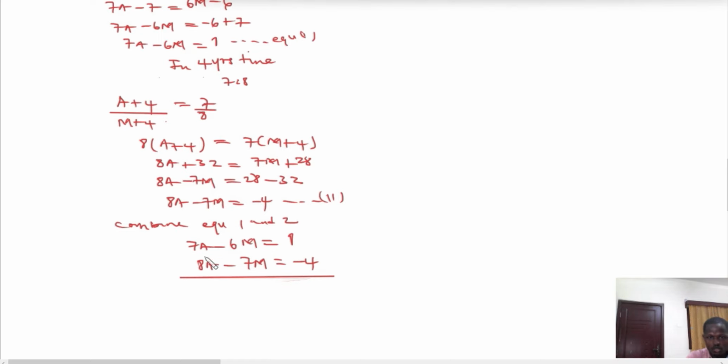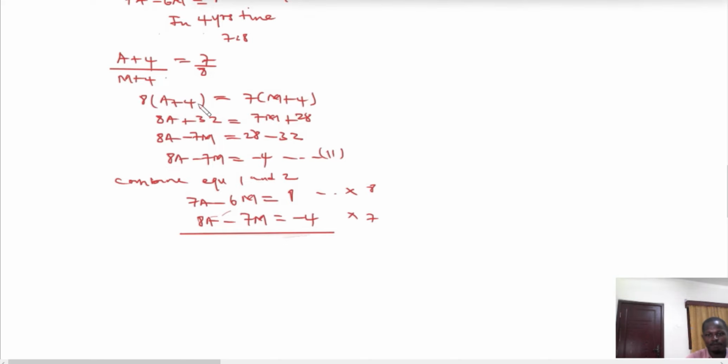Since the A portion here is not equal, we try to make one of the sides equal. So we do the opposite: we multiply equation 1 by 8 and equation 2 by 7, for the A, 7A and 8A. 8 times 7 is 56A, 8 times minus 6 is minus 48M, equals 8 times 1, which is 8.